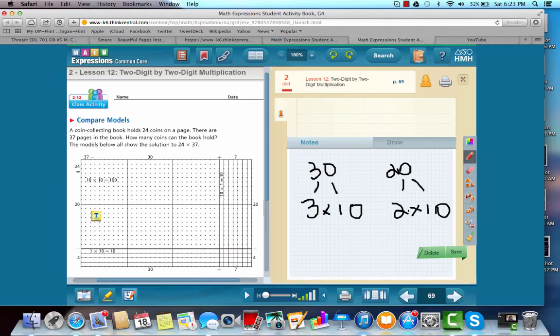The reason I'm telling you that is because you're probably looking at this huge area model and wondering why there are so many dots. Well, the reason is that if you take the tens, 10 times 10, you would get 100.